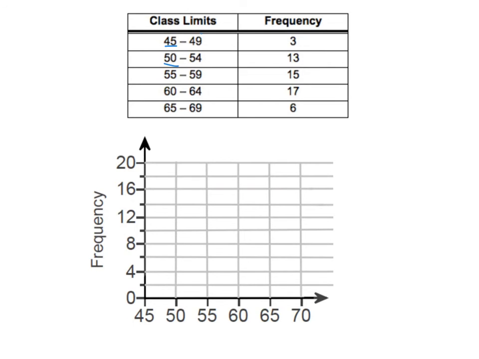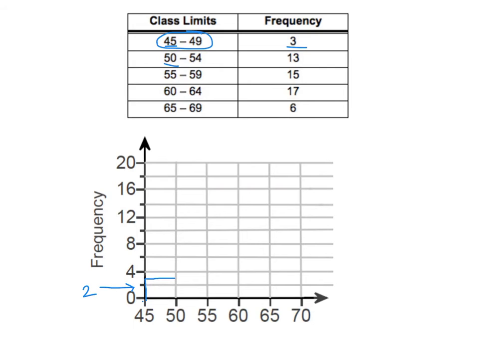So first we're going to plot the class 45 through 49, and the frequency was 3. So I'm going to create my bar starting at 45, and I'll go up to 3. And that's in between these two boxes because this short line here represents 2.